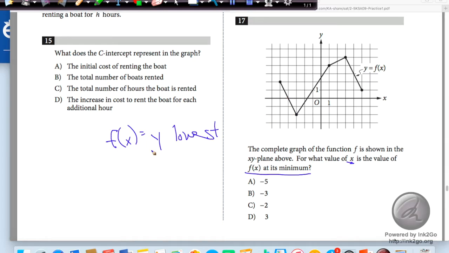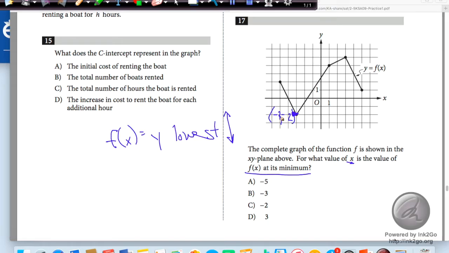So they want to know what is the lowest y point that they have, or what is the lowest y dot, so to speak, or data point. And it's going to be this value here, right? That's when y is the lowest, if we know that y is really referring to up and down. So y is going to be the lowest here. And if I were to count these out, knowing that this is 1 and this is 1, this appears to be -3 and -2.